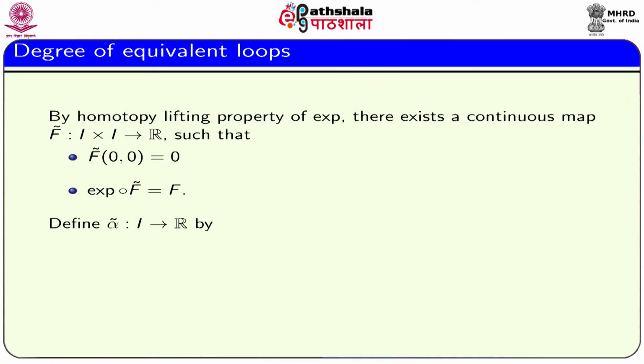By the homotopy lifting property of the exponential map, there exists a continuous function f tilde such that f tilde (0,0) is 0 and exponential composed f tilde is equal to f.